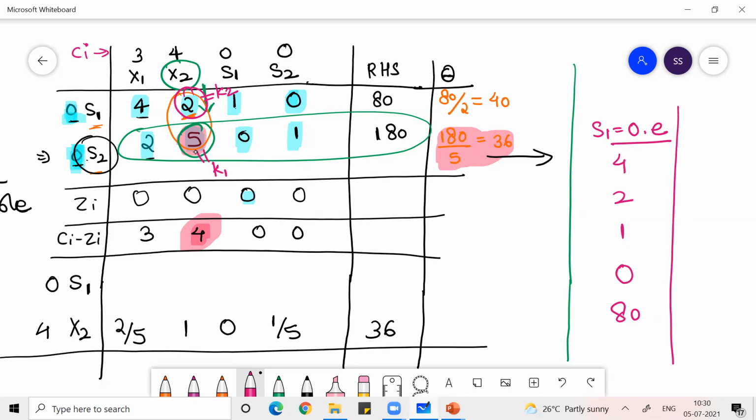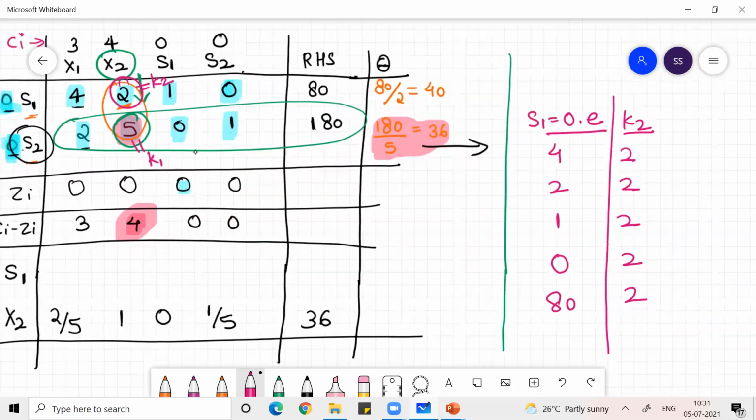Now you're going to use the formula. You see the formula very clearly. Now if you see the constant here for the row s1, the constant is 2, right?